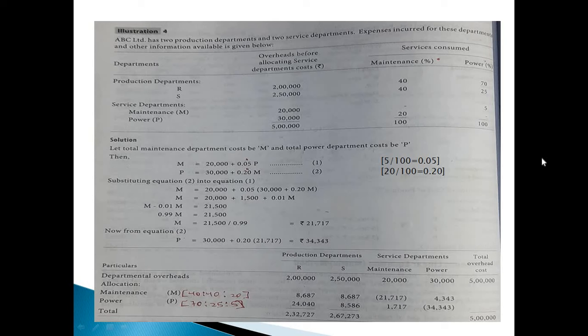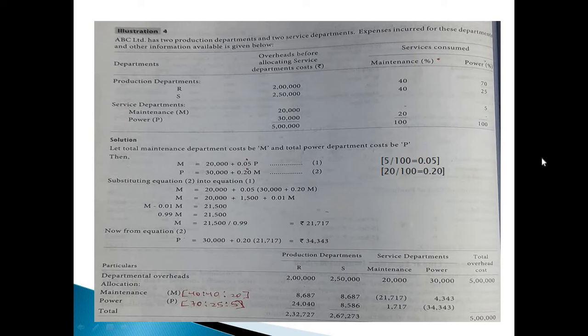That is 0.05 into 0.20 M, we get 0.01 M. If you take M on the left hand side, we get M minus 0.01 M is equal to 21,500, that is 20,000 plus 1,500. Then 1 M minus 0.01 M gives 0.99 M, which is equal to 21,500. You get the value of M by dividing 21,500 by 0.99, which comes to rupees 21,717.